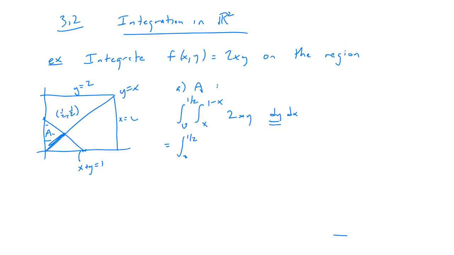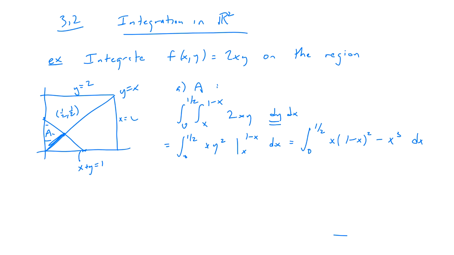So I take the antiderivative with respect to y, which is just xy squared. Plug in the upper function, y equals 1 minus x. Plug in the bottom limit, y equals x. You get that.